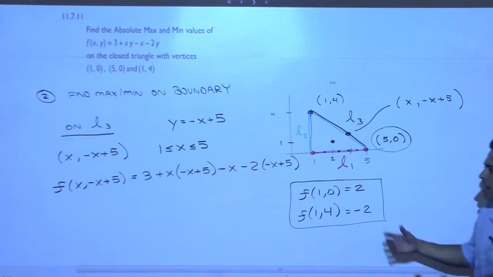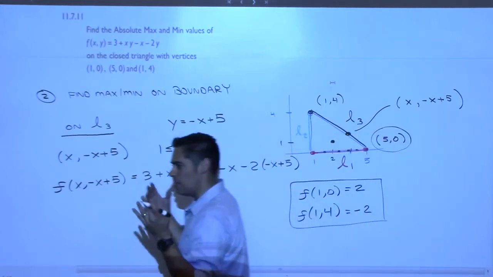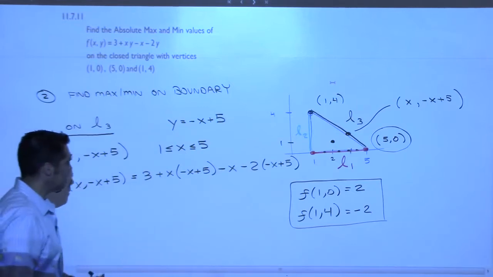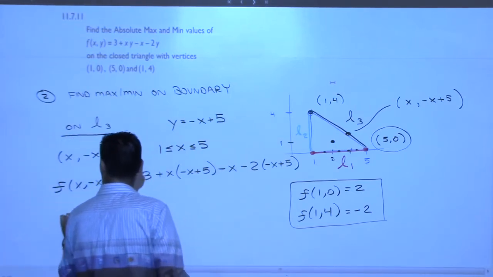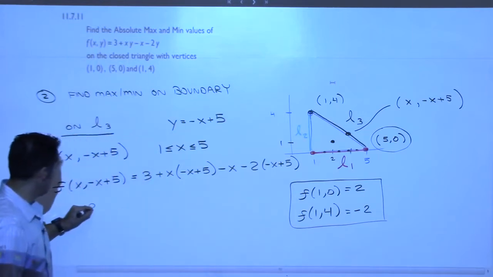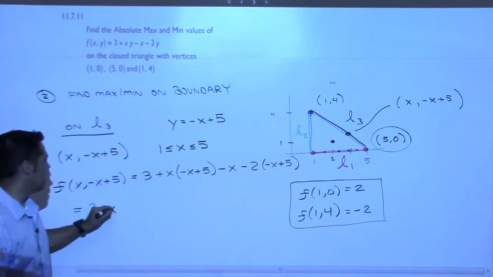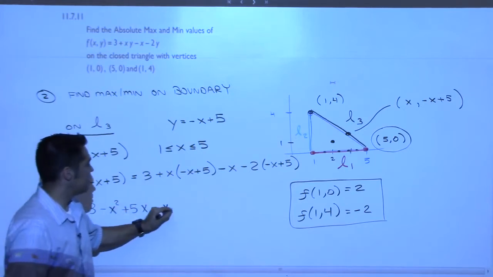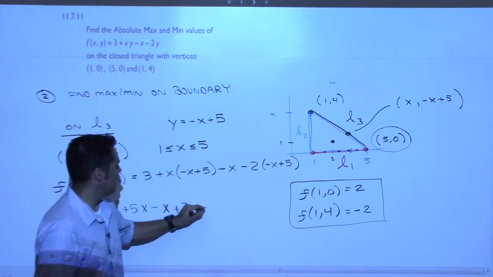Anybody have any idea what type of function this is going to be when you put it all together? It's going to be a parabola, because I showed you the picture. When you plug that line in, we got this black parabola, didn't we? This better turn out to be a parabola. It's going to. It's 3 minus x squared plus 5x minus x plus 2x minus 10.